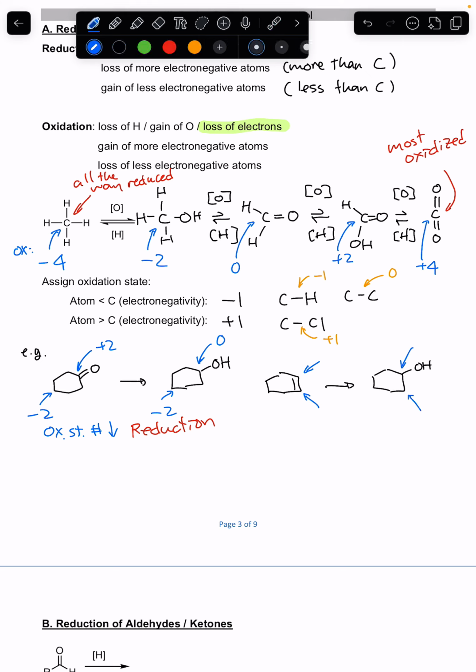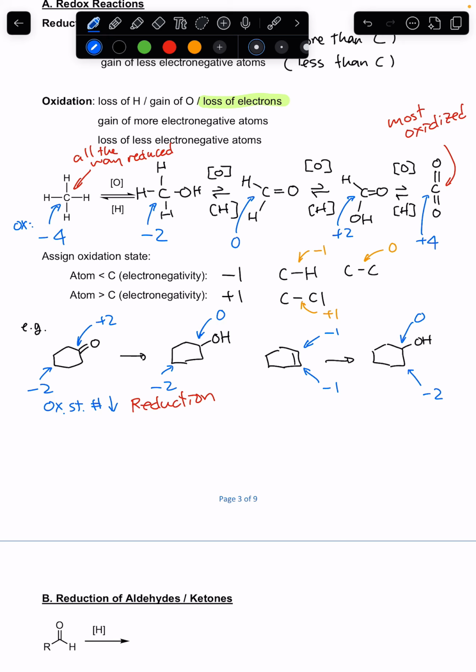This first one is going to have an oxidation state of -1, and so is this. This is a 0, and this is -2. So what's going on? We went from a total of -2 to a total of -2. Notice the oxidation state did not change, which means that even though it looks like a redox reaction because you saw a gain of oxygen, on balance this is actually a neither reaction.